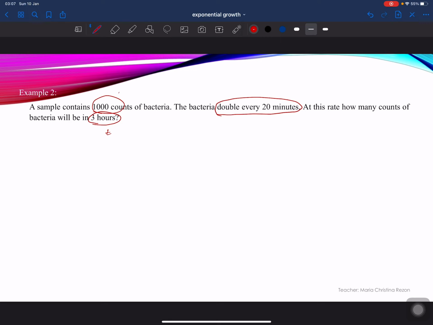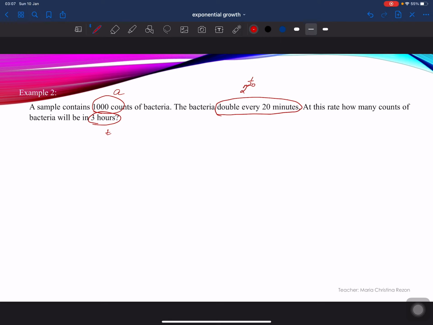This is our initial count, and then it doubles every 20 minutes. So our growth factor is double every minute. So every minute there will be 2 to the 1 over 20.